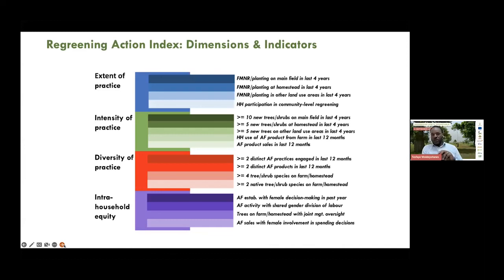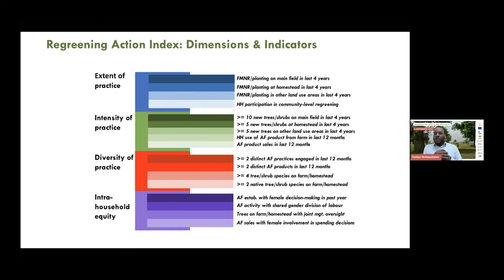It doesn't only ask whether the households have planted some trees on their plots or not, but rather asks about different dimensions, including the extent of practice, whether they have planted trees on different land uses, and also the intensity, like the diversity in terms of planting different tree species and things like that.